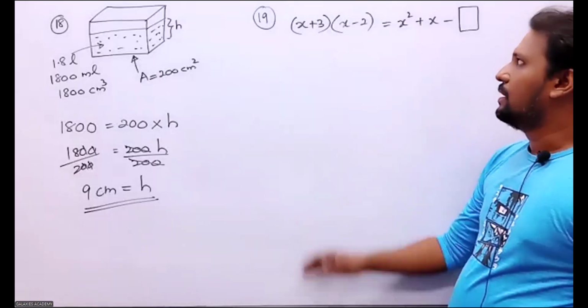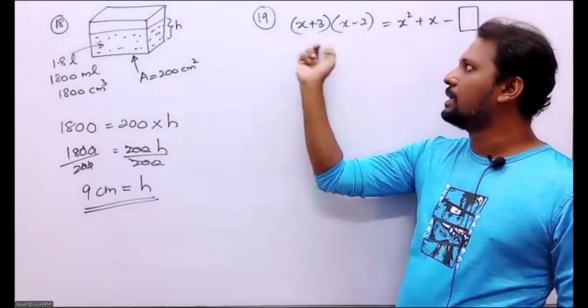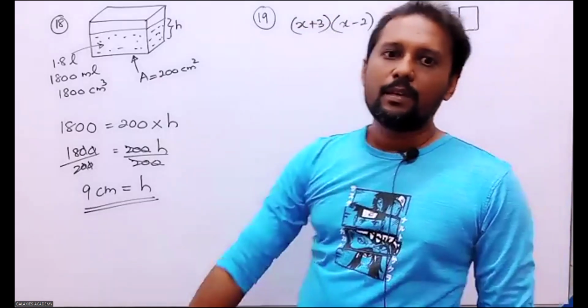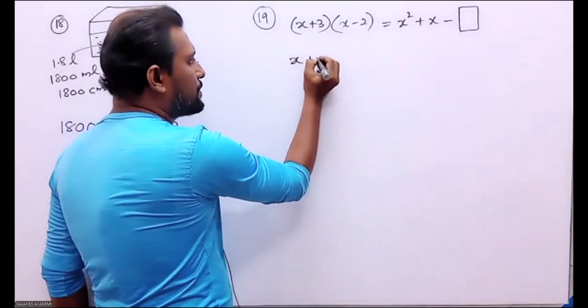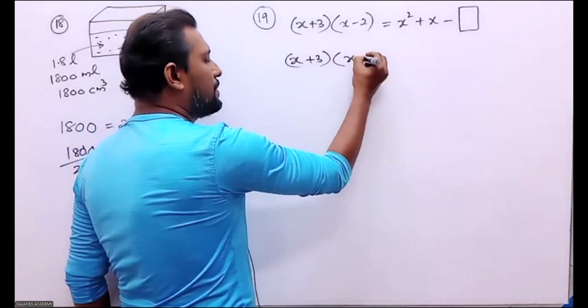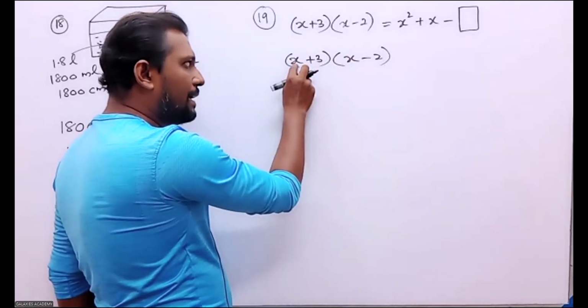When you fill this blank, you have to revise how you can multiply these two expressions, no? Do you remember how you can multiply these two expressions? For x plus 3 multiplied by x minus 2, the second bracket you have to multiply by x.